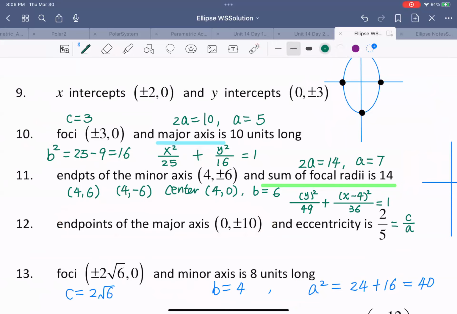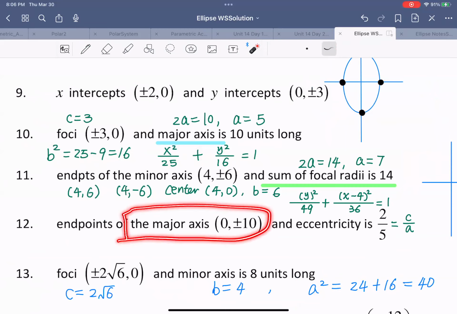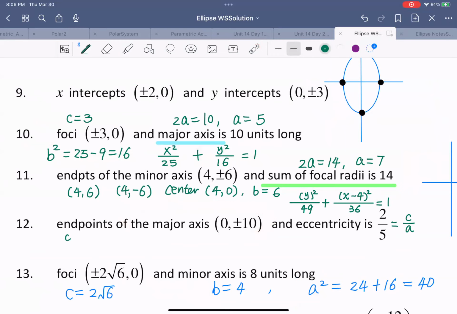Yeah. Okay. What does this mean? First, center is? The center is 0, 0. Yes. Center at 0, 0. And the major endpoint is going up or going down. So this is a vertical one or horizontal one?